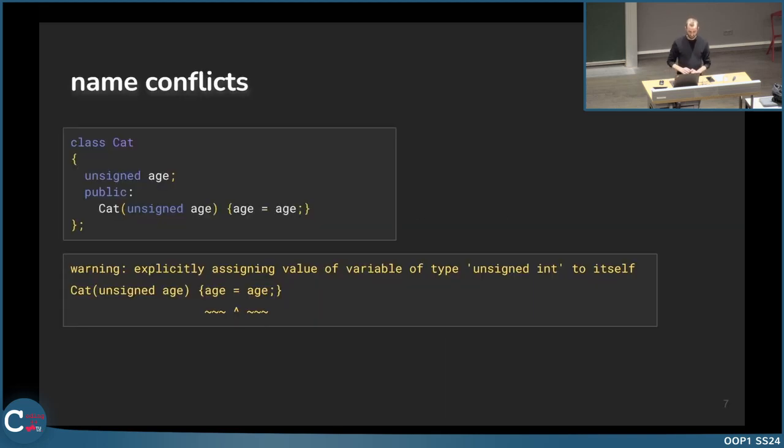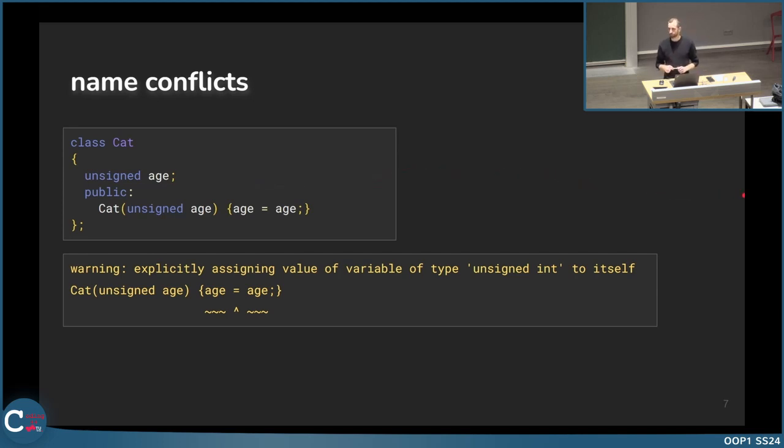So when we have naming conflicts, let's say we have a class cat, and this has an unsigned integer age member. And in the constructor, we are quite lazy maybe, or we haven't seen that there is already a member with this name age here. So we get a name conflict here because this parameter and the member are the same.